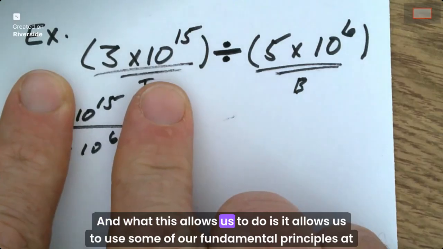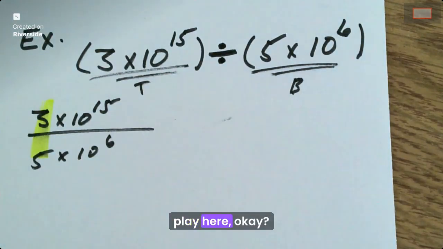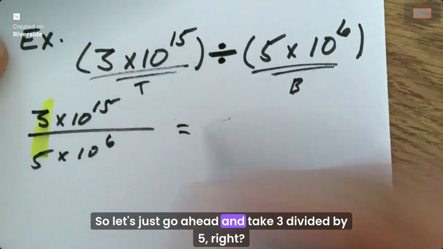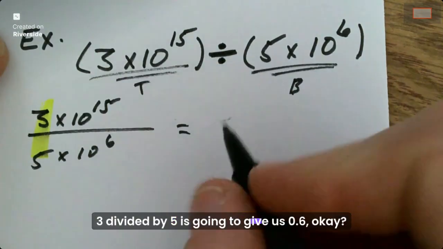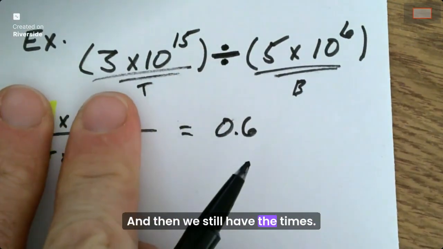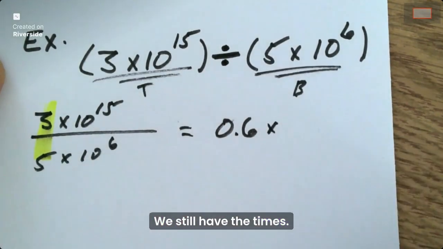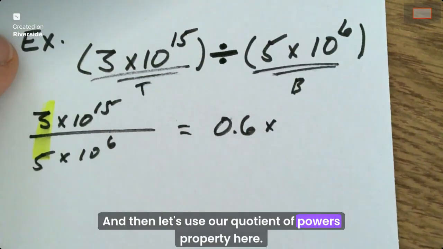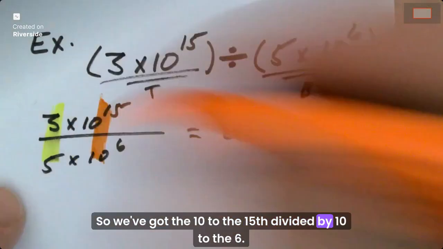What this allows us to do is use some of our fundamental principles at play here. So let's take 3 divided by 5, which is going to give us 0.6. And then we still have the times, so we'll carry through the times. And then let's use our quotient of powers property here. We've got the 10 to the 15th divided by 10 to the 6th.